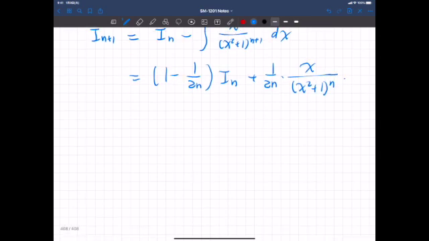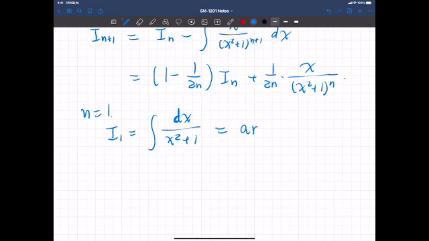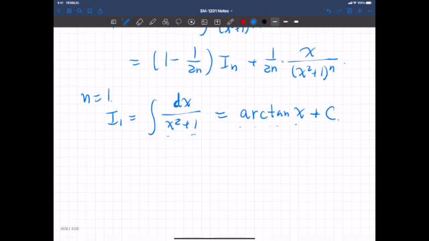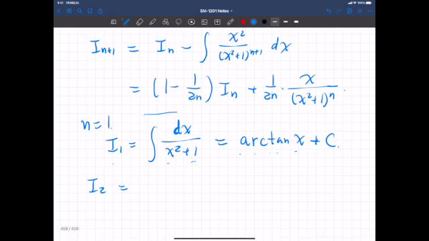Okay. Now, when n is 1, then I_1 is just the integral of 1 over x squared plus 1, which can be calculated easily if you know that the derivative of arctangent is 1 over x squared plus 1. Okay, so this is the antiderivative of this function. Then if you know this, then you can calculate I_2 by using this expression.